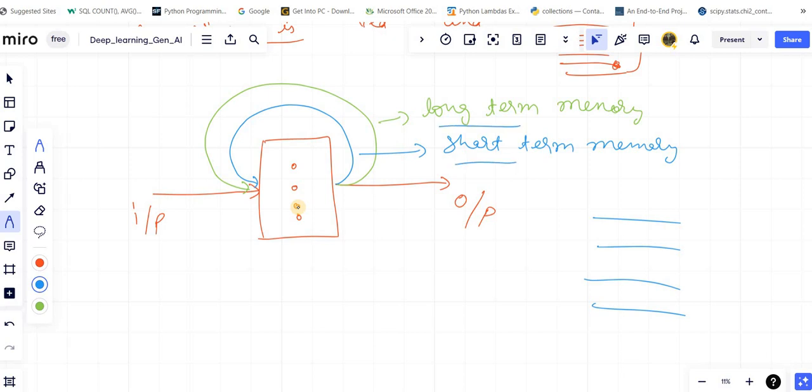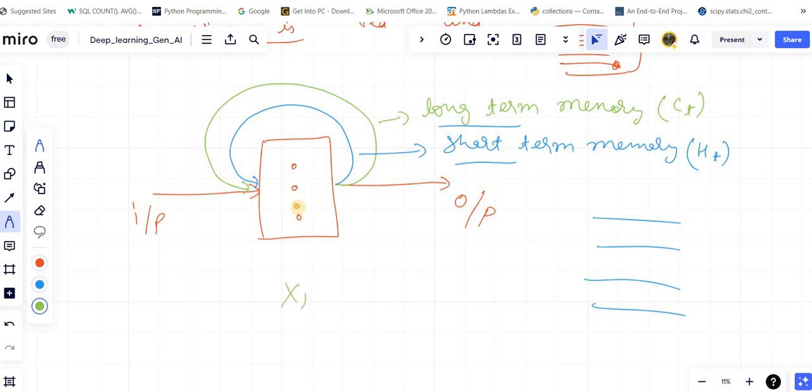Okay, so this long term which you are seeing here, let me write in blue here. Short term is denoted by HT and this long term is denoted by CT. This is called the cell state and HT is called the hidden state. Okay, is it clear till here?